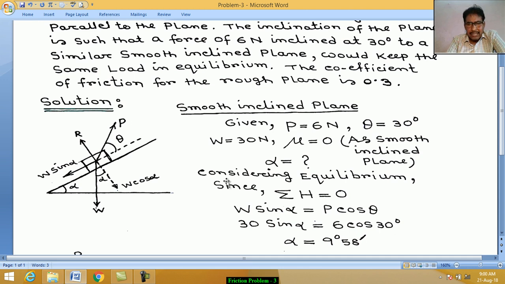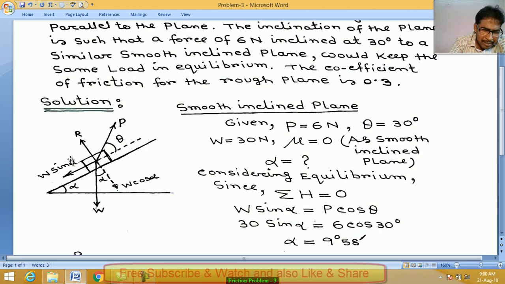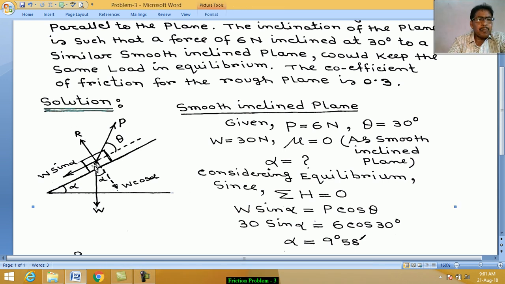Now considering equilibrium, since sum of the horizontal force 0, here we consider this plane. This is horizontal, this is perpendicular. Summation of H 0, summation of V 0, summation of X component 0, summation of Y component 0.